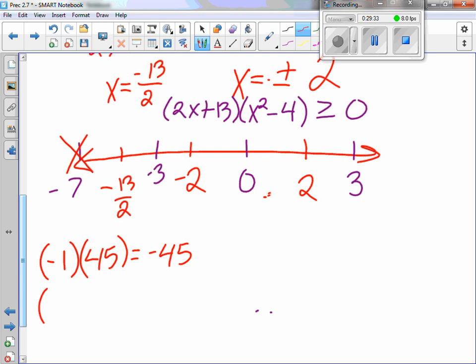Now with these here, you don't have to do them by hand. You can type in the calculator, parentheses 2 times negative 3, which is negative 6, plus 13 is 7. You get 7 plus 6 is 13. 3 squared is 9. 9 minus 4 is 5.